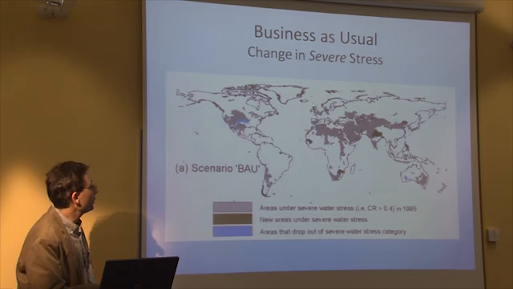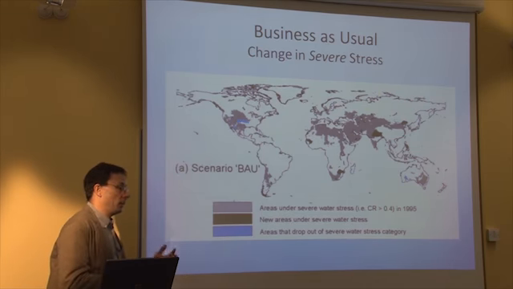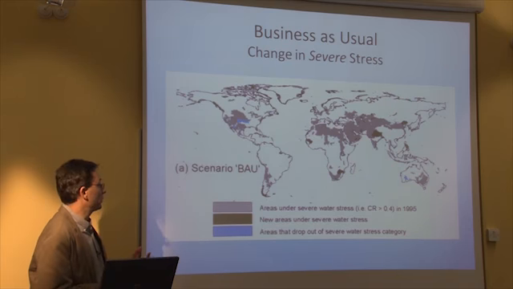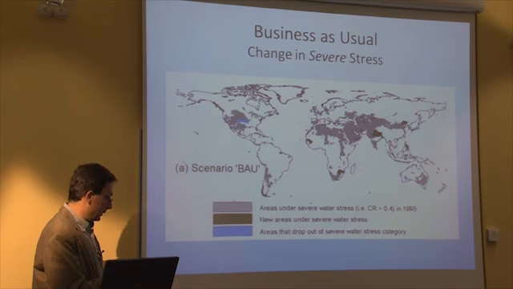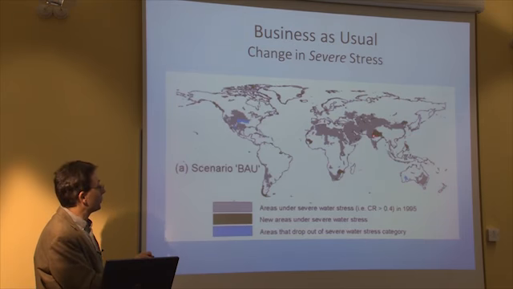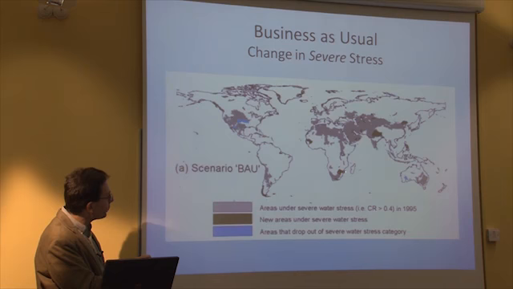And here you can see that there are only a few hotspots where these river catchments enter a high stress situation, and they're scattered around the world. Probably the ones of most concern are the Ganges Basin and some of the Chinese basins, and maybe the Zambezi, I guess, or no, the Limpopo Basin.